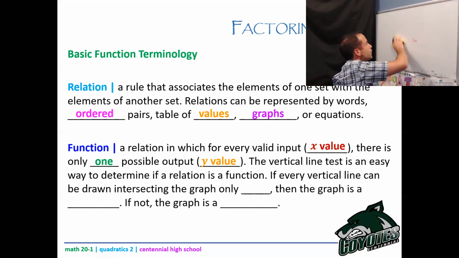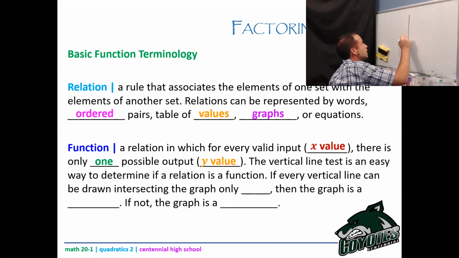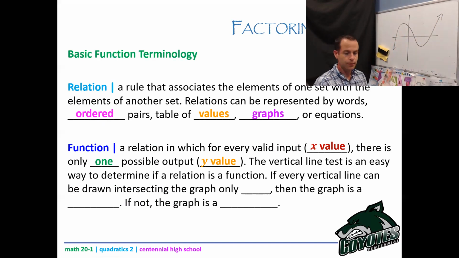Now, what the vertical line test does, just as a quick review, is, where's my black marker? There it is. So let's say I had, I'm going to try and draw this nice and big here so you can see it. Let's say I had a graph that looked like that, okay? Now, you've never seen a graph that looked like that, and that's totally fine.